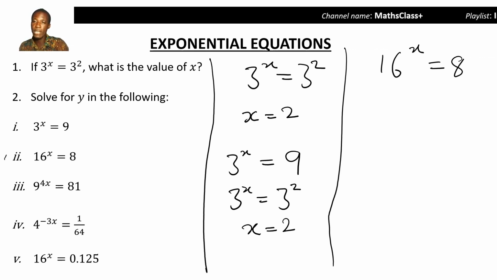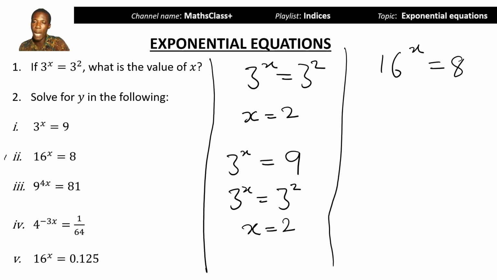If you look at them, don't always assume that, let's say, 8 is the lower one, so we can reduce the 16 to also be 8. No, they must not always be one of the numbers. Sometimes we can use a different number to get the bases to be the same. So in this case, we can use 2.